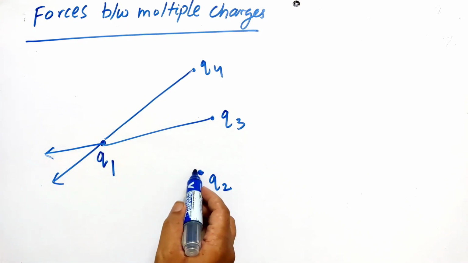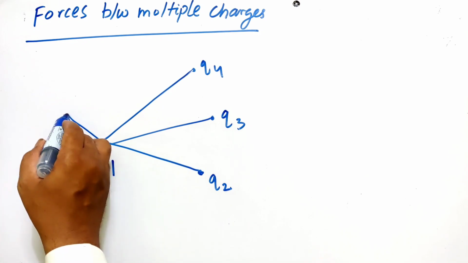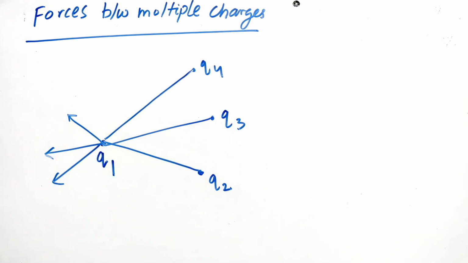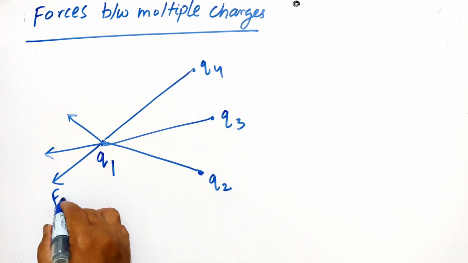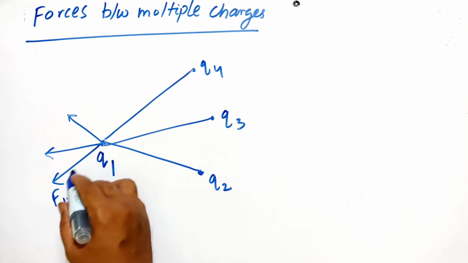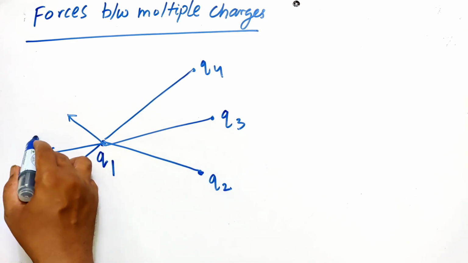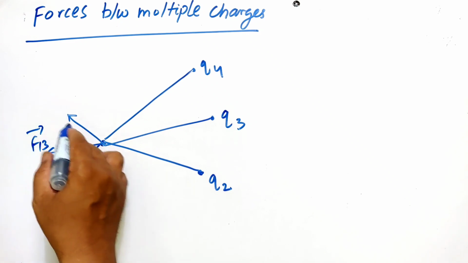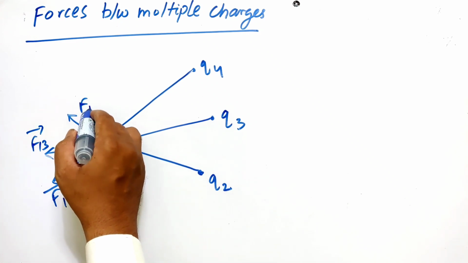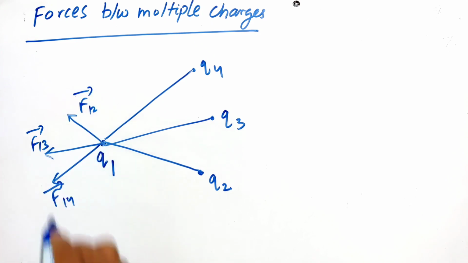Here I have considered all the forces to be repulsive. So I mention this as F14, here it is F13, and here it is F12.